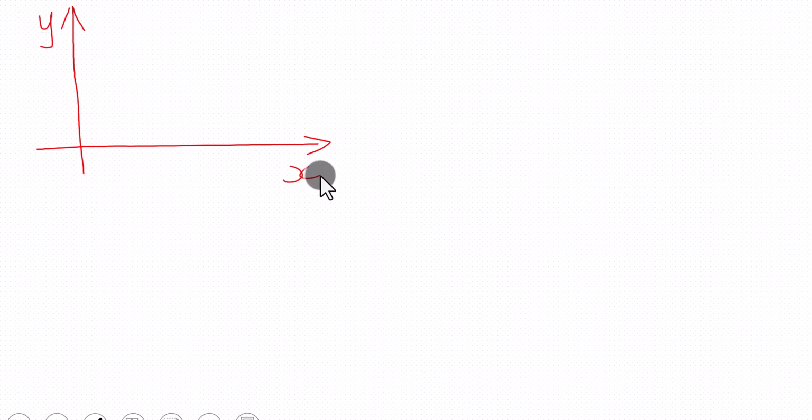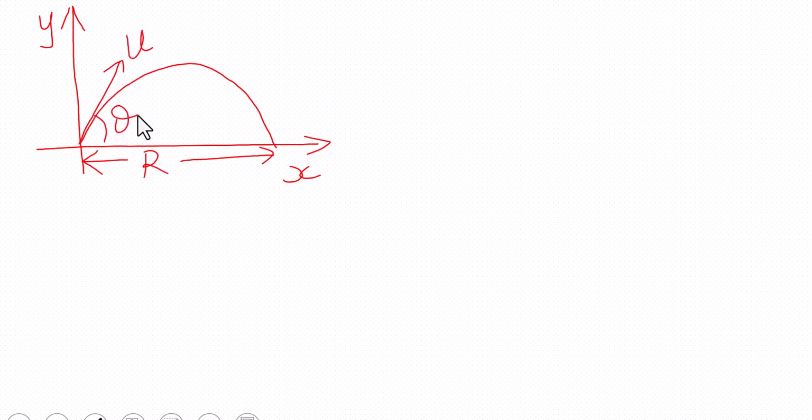So for the range, let me draw this diagram. This is y, this is x. We know that the range is this distance from here up to here. That is our range. And we know this particle was given initial velocity u at an angle theta.